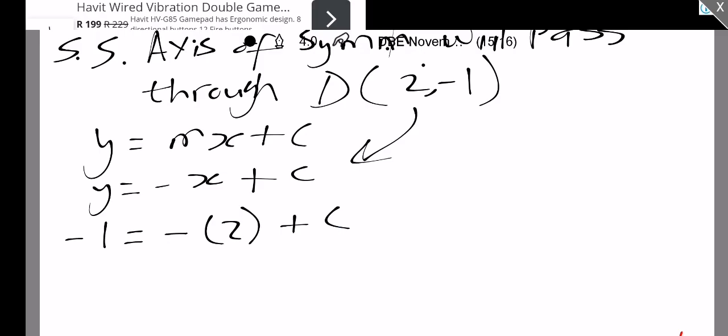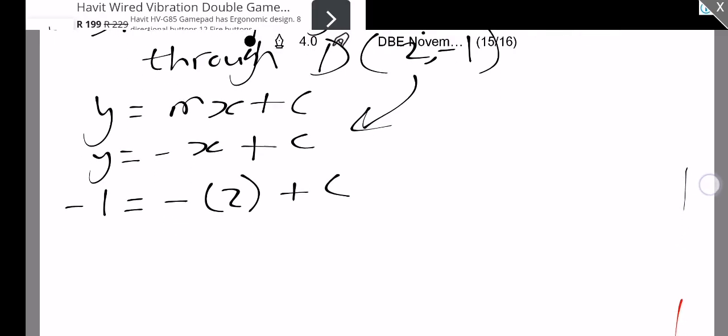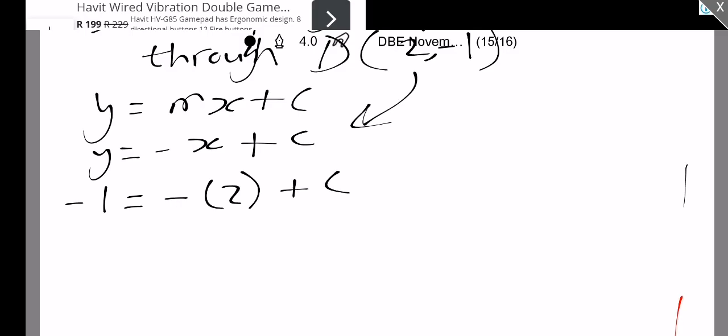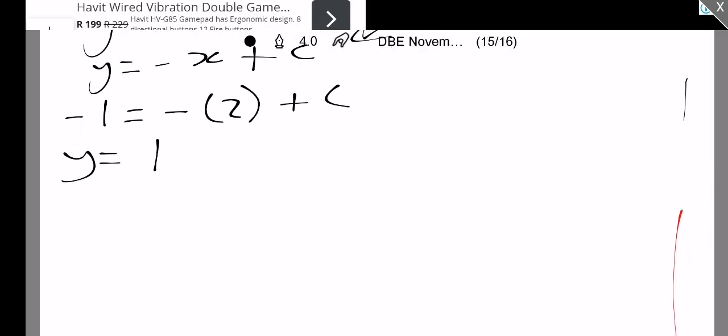Now -2, if we take it to the other side, it's going to be positive. So c is going to be equal to 1. Let's write it down. This is the equation of the axis of symmetry: y equals -x plus 1.